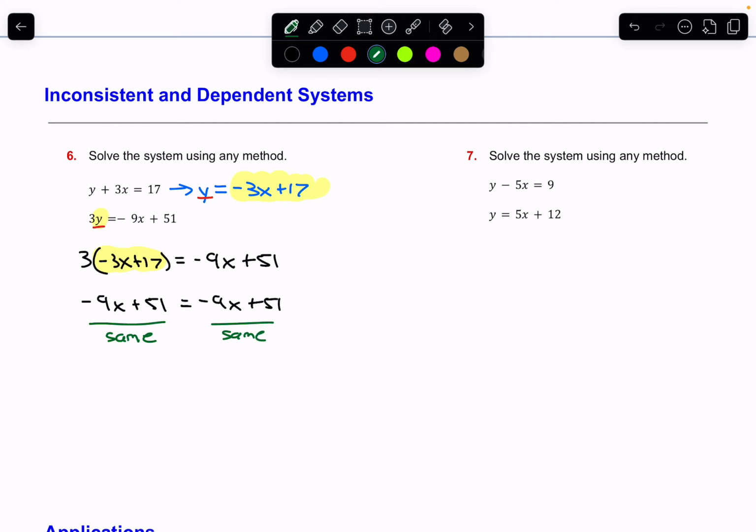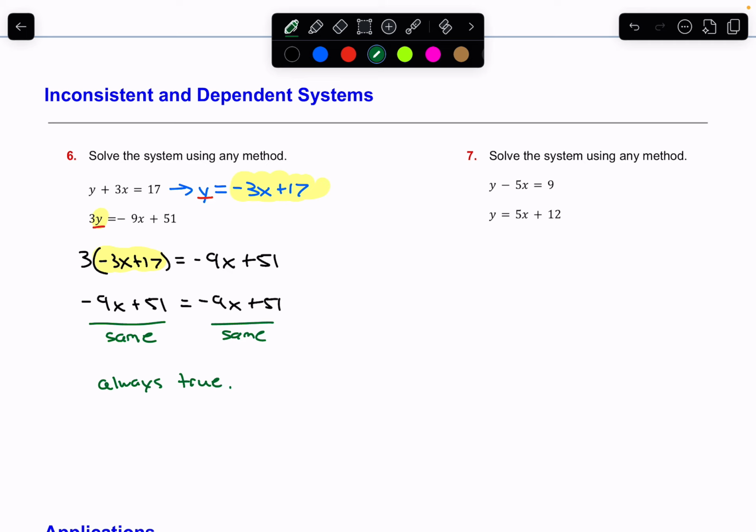Okay, when you get two things that are the same, that means this is a dependent system. This is a true statement always. Negative 9x plus 51 always equals negative 9x plus 51. So when they're the same, this is always true.